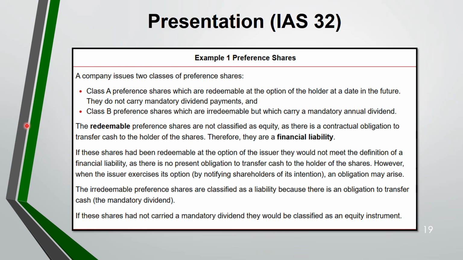But class B, they are irredeemable and they carry a mandatory annual dividend. So now the redeemable preference share, they are not equity. Why? They're financial liability, because you have an obligation to transfer cash.